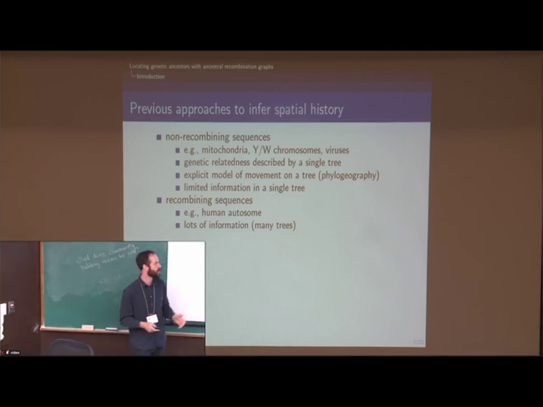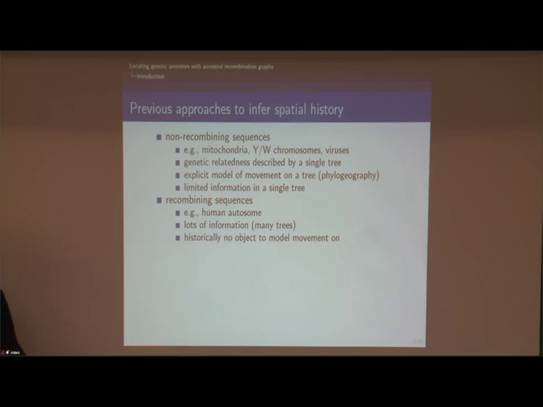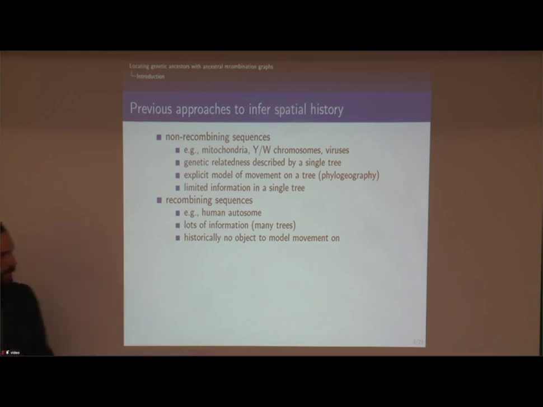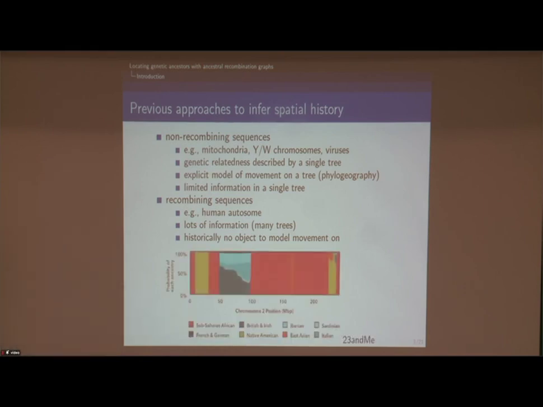There's a lot more information there. But historically, we've had no object to model movement on. We don't have a single tree. We don't have access historically to the many trees that relate the human autosomes of the sample. And so it's been difficult to develop an explicit spatial model in that realm. So we've relied on other things.